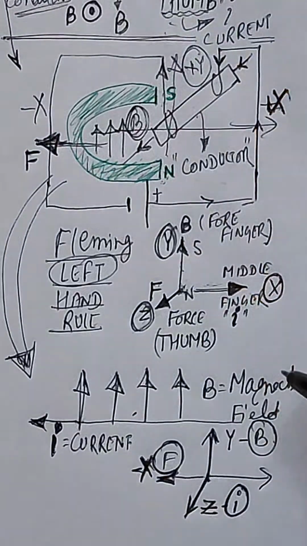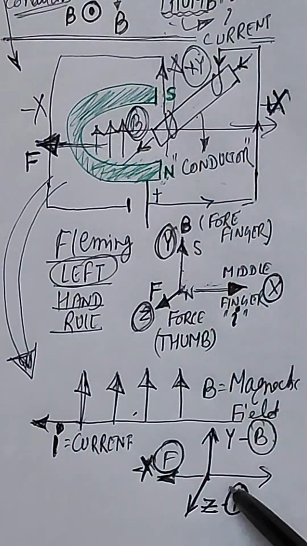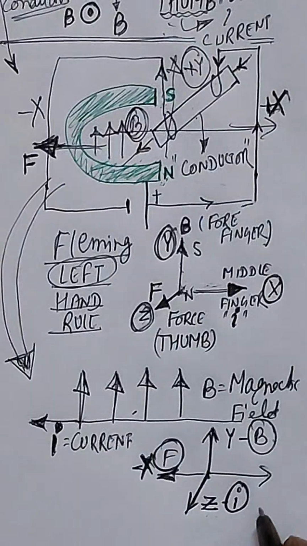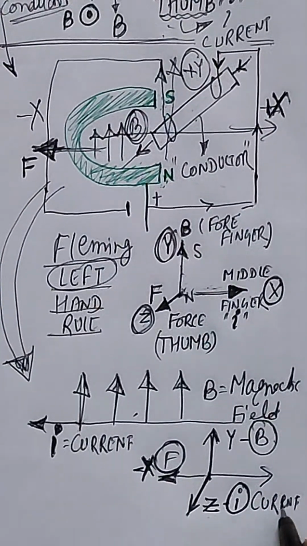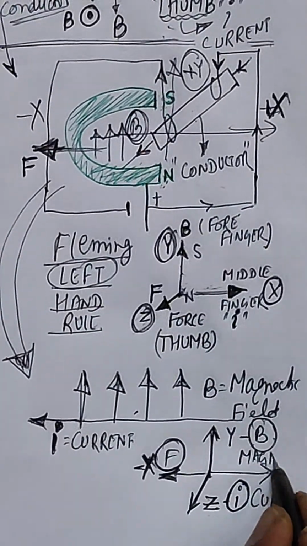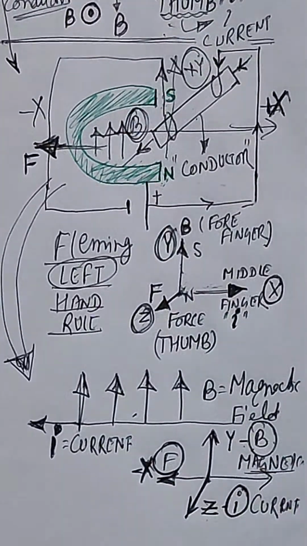And the plane out of this is plus z. So that's why I tried to explain it. In the plus z direction, current is there, right? The magnetic field is there in the y direction.